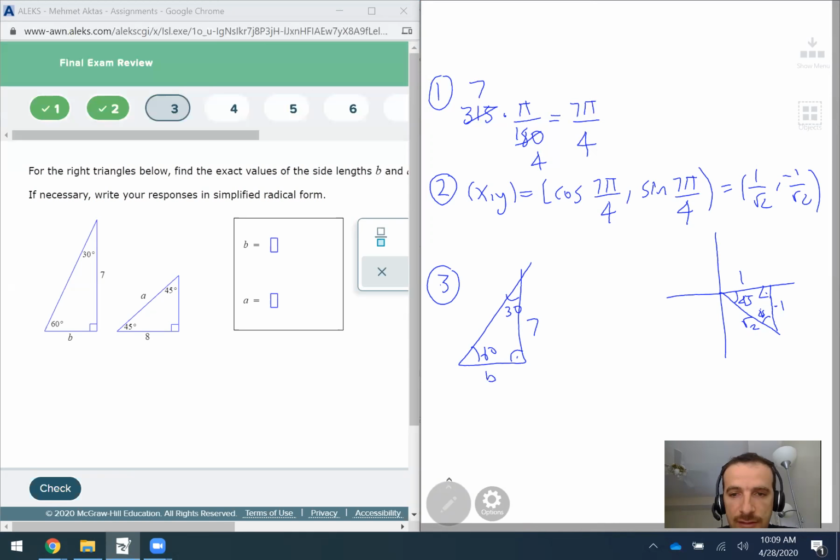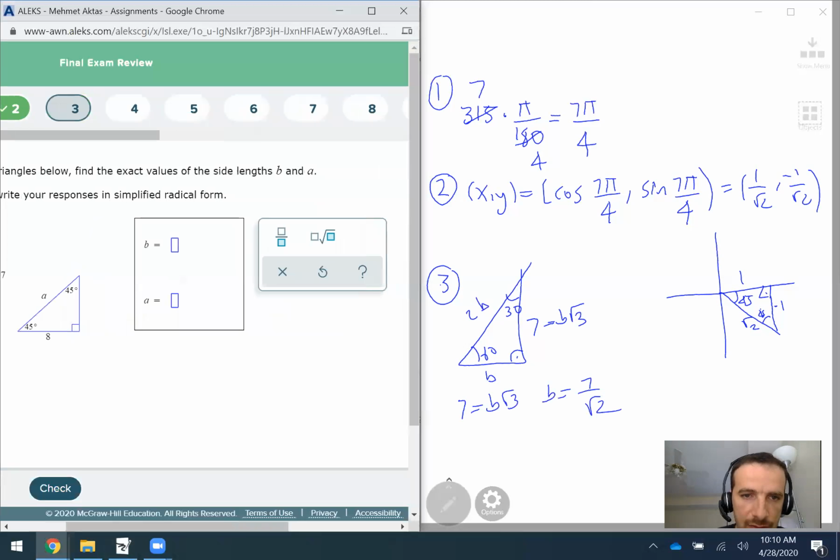In general, for a 30, 60, 90 triangle, if the side opposite to 30 is B, the side opposite to 60 is B root 3, just multiply with root 3. And the one opposite to 90 is 2B. That's why we get 7 is equal to B root 3. So B is equal to 7 over root 3.